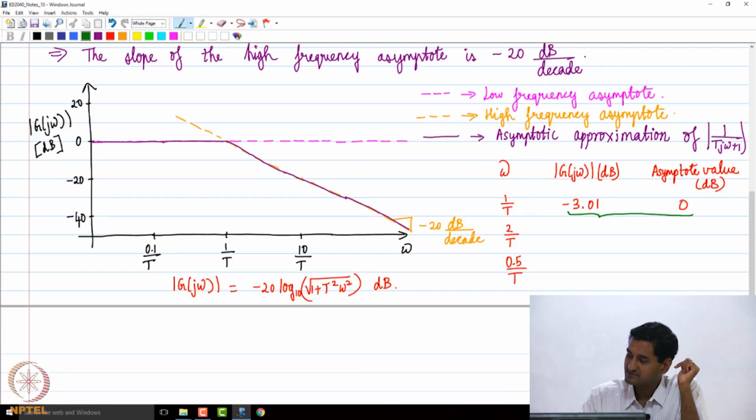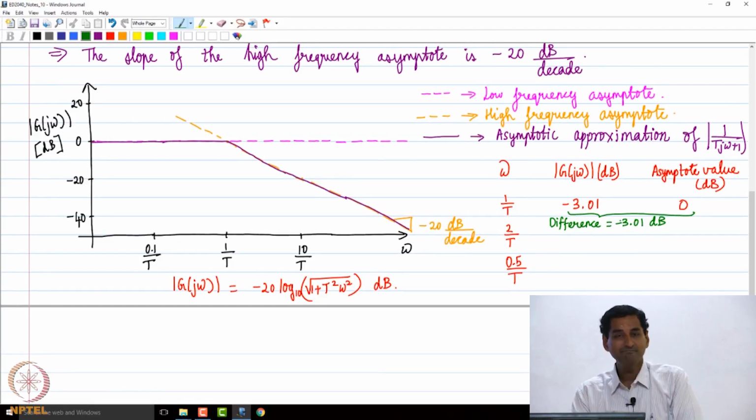The magnitude of the error is going to be minus 3.01 decibel, the difference. So the difference is going to be minus 3 decibels. Do you agree? So obviously between the asymptotic approach and the actual curve, you are going to have minus 3 decibels.